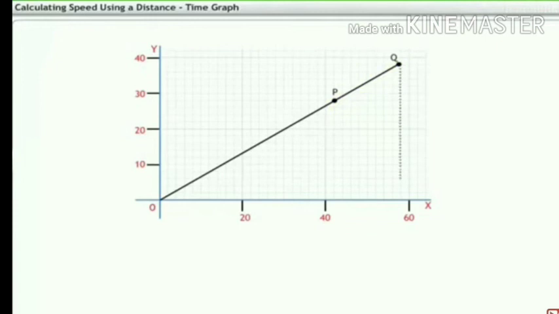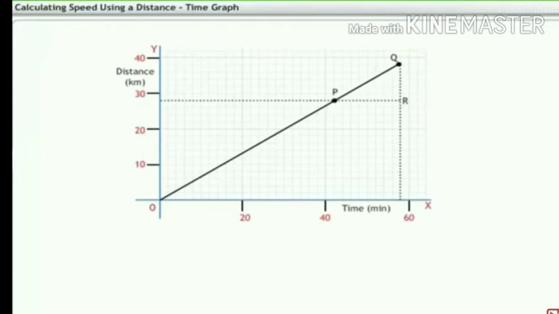To do so, consider a small part PQ of the distance time graph shown in the figure. Draw a line parallel to the x-axis from point P and Q on the y-axis. These two lines meet each other at point R to form a triangle PQR.